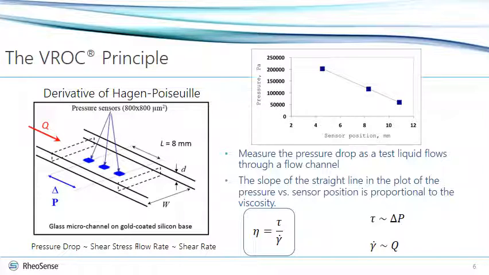We can also measure the pressure as a function of position, shown in the figure here. Using this information, we characterize the pressure drop through the channel, which is proportional to the shear stress. Finally, we put shear stress and shear rate together to obtain viscosity.